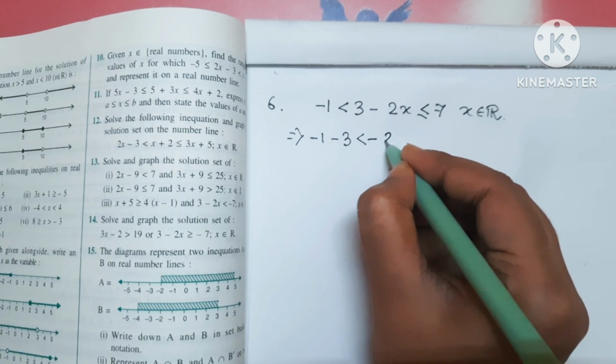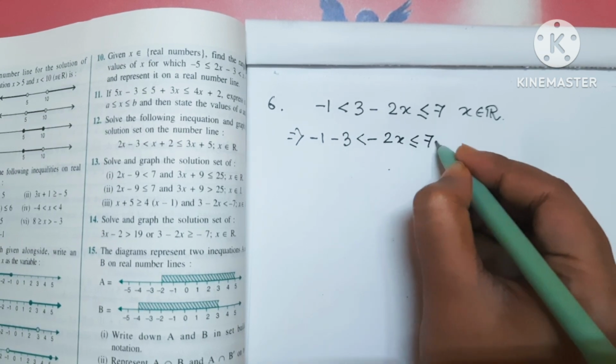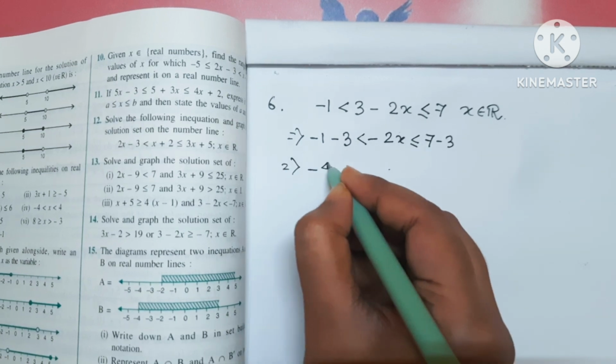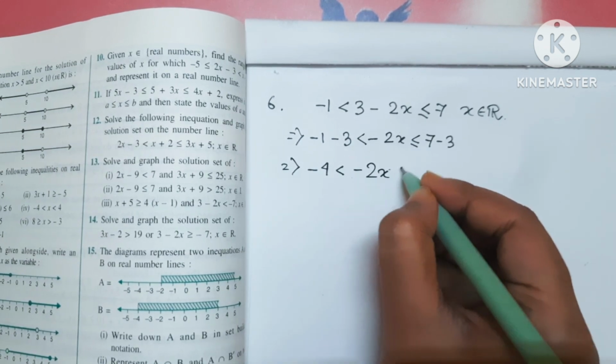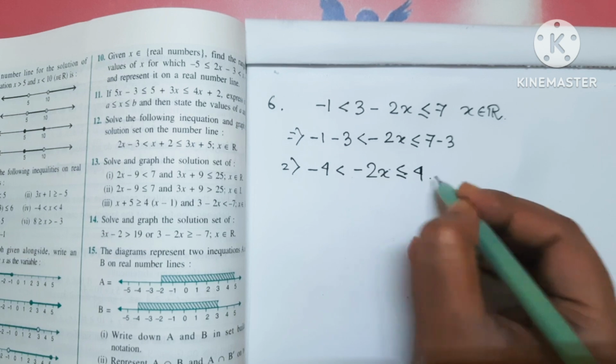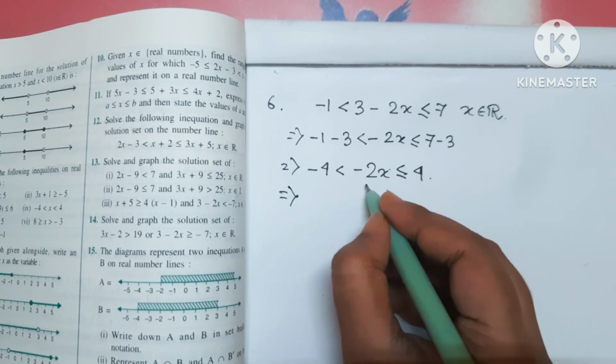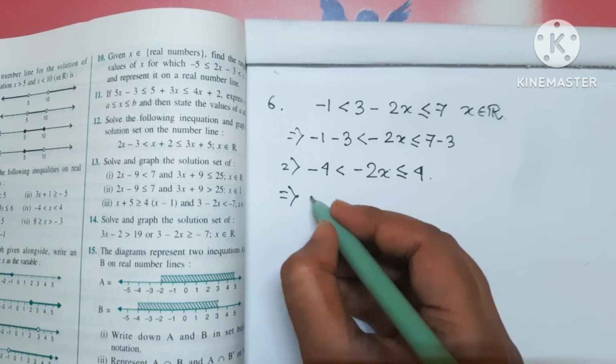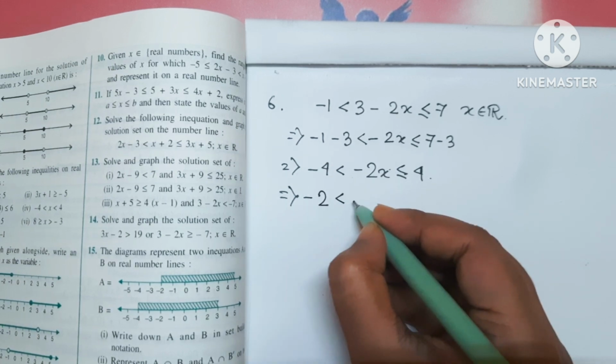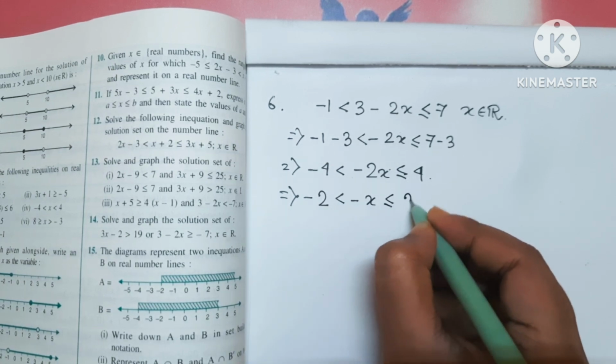Minus 2x less than or equal to 7 minus 3. So minus 4 is less than minus 2x is less than or equal to 4. Now if you divide all the three numbers by 2, okay, minus 2 less than minus x less than or equal to 2.